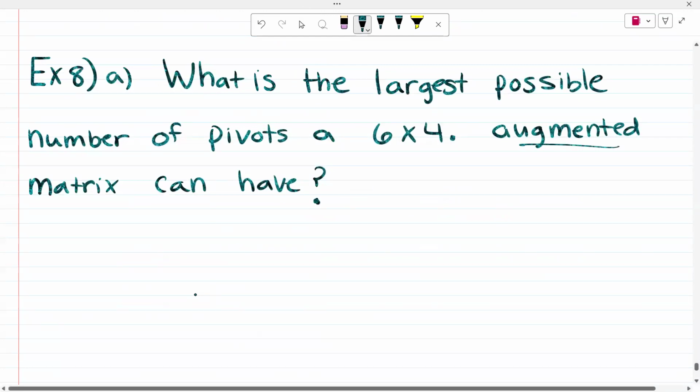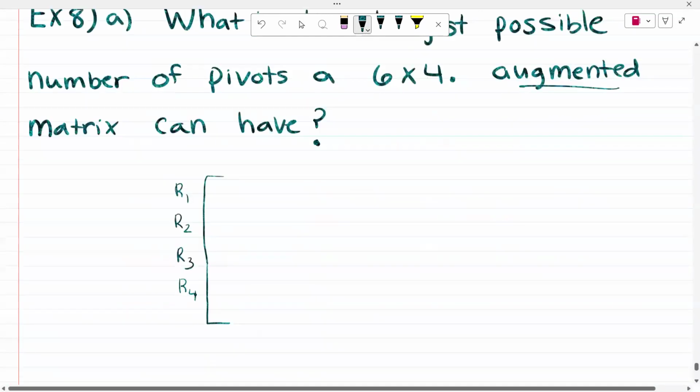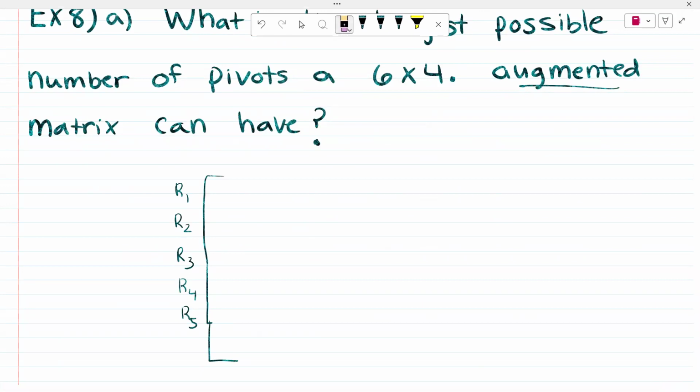So that would be row one, row two, three, row four, row five, and row six.